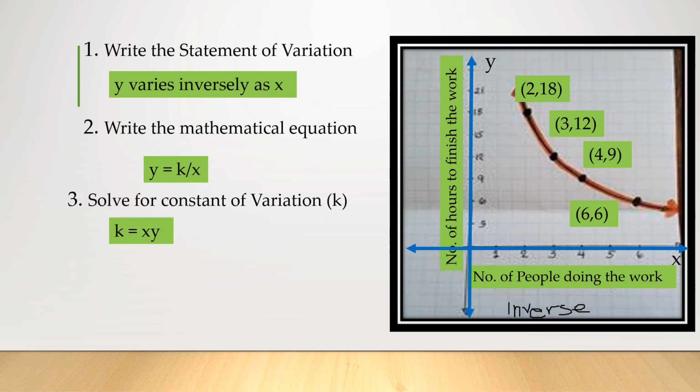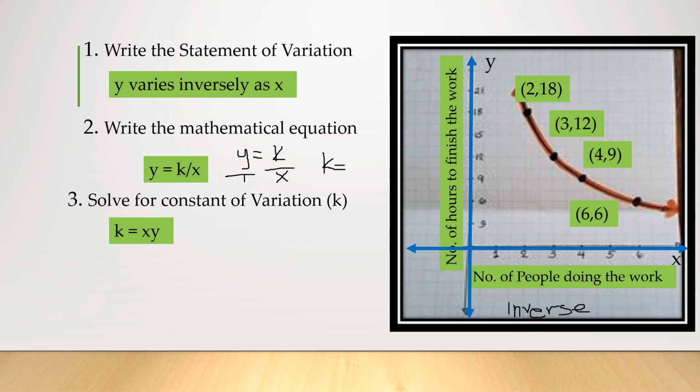The formula in finding the value of k in inverse variation is simply k is equal to xy. That's the formula for inverse variation. In our previous lesson, we discussed this. Or you can also derive it here. This is y is equal to k over x, which means to solve for k, you just simply cross multiply.